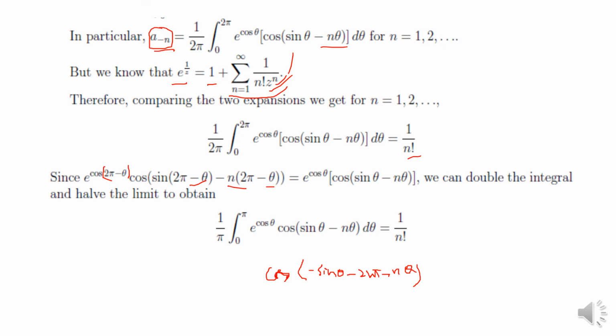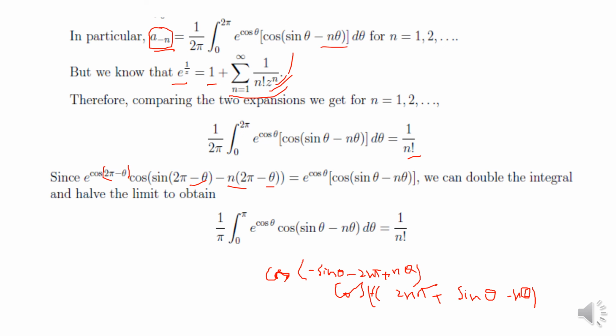If we say the whole thing will be cos theta, so we are taking now cos of 2n pi minus, we write here 2n pi plus sine theta, this becomes plus sine theta minus n theta.